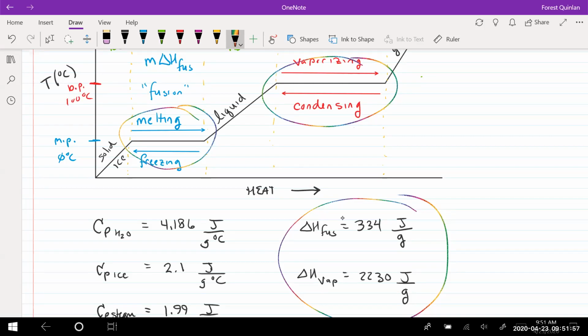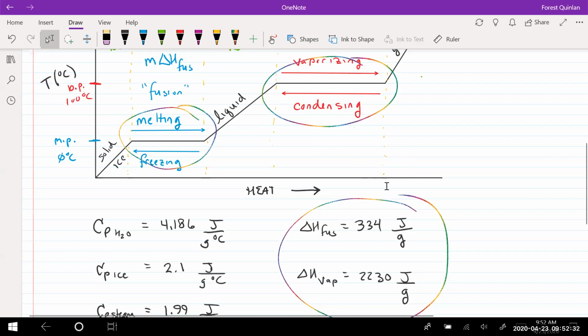Because that allows us to have a situation where if the temperature drops really fast, that's fine. It'll still take a long time for our water to freeze because it requires a lot of energy to move that thing in one direction or another, which means each of these transitions can either lengthen or shorten depending upon either A, the delta H of fusion, or B, the amount of material you're trying to move from one phase to another.